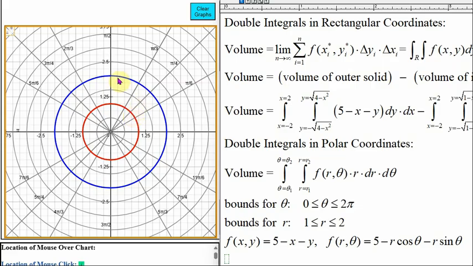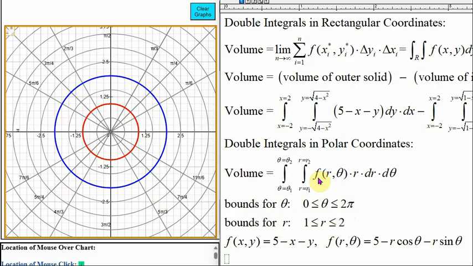And then this circle right here, which has a radius of 2, will have the polar equation r equal to 2. And since we're going around the entire circle, theta will run from 0 to 2 pi. And therefore the bounds for theta will be 0 to 2 pi. And then the bounds for r will be 1 to 2.